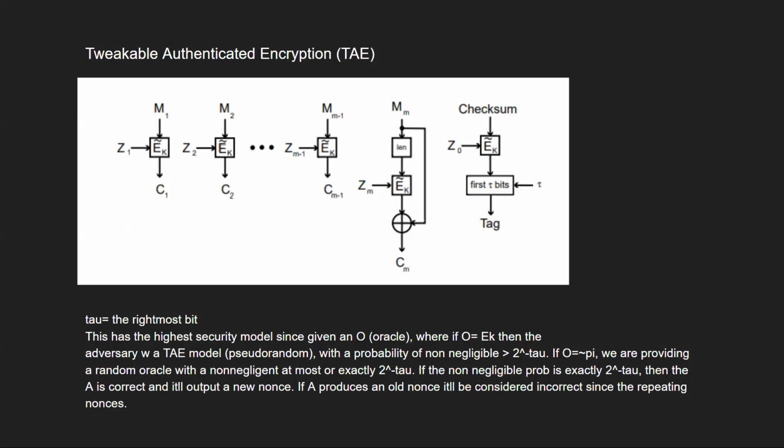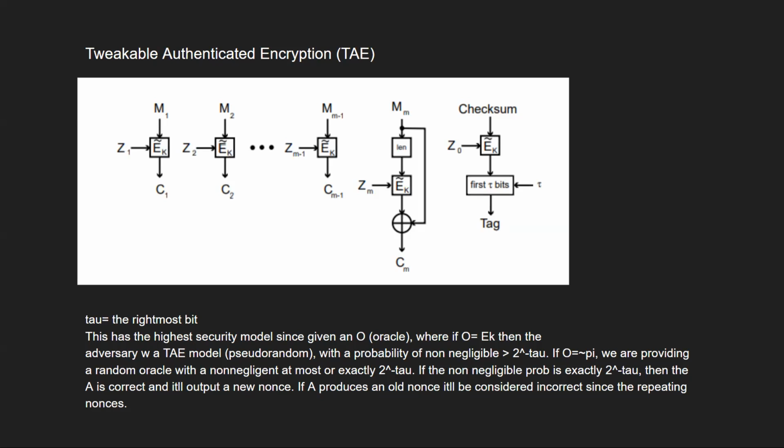Next slide. Tweakable authenticated encryption, or TAE. This has the highest security model, given an oracle O where if O equals E_K, then the adversary against the tweakable authenticated encryption model succeeds with a probability less than 2 to the power of negative tau.